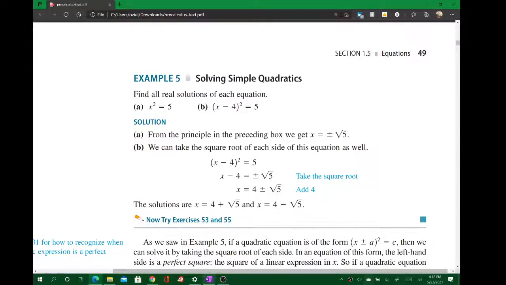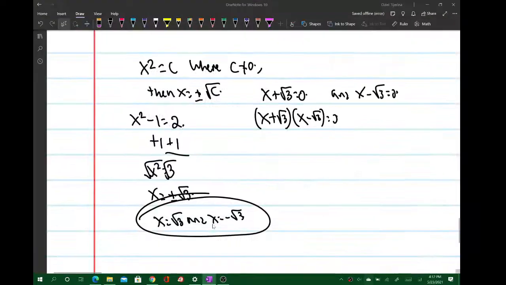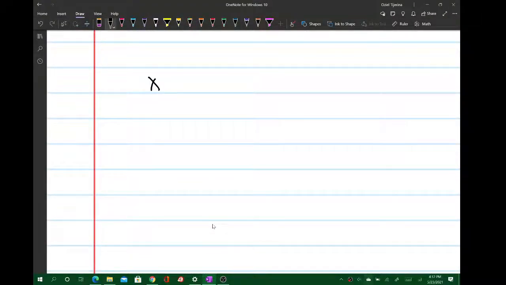So obviously, in college or in pre-calculus, you go over these again, right? For example, the first one says x squared equals 5. When you have a quadratic of the form x squared minus c equals 0, it's okay to add the constant to the other side.